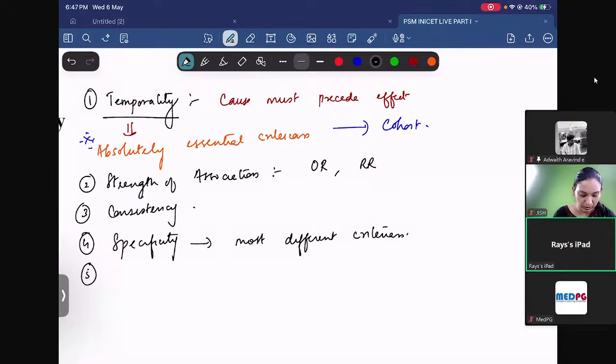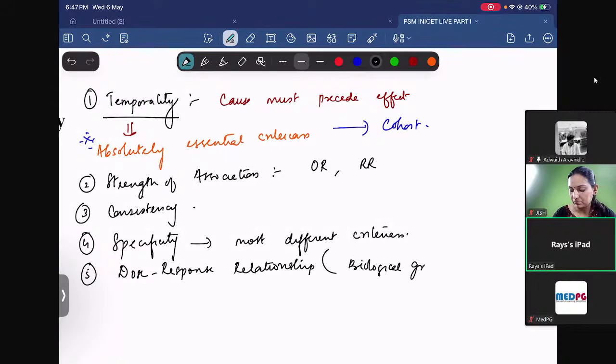The fifth one is the dose response relationship, also called biological gradient. Simple: increase the dose, and you should get more response. That is what you mean by dose response relationship.